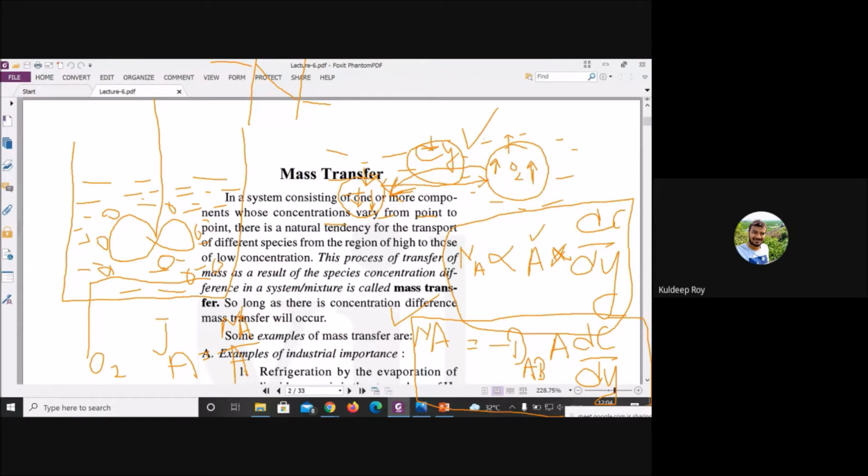Whenever you divide by area, you get the flux, which is equal to minus DAB multiplied by dCA by dY. This is Fick's law of diffusion.